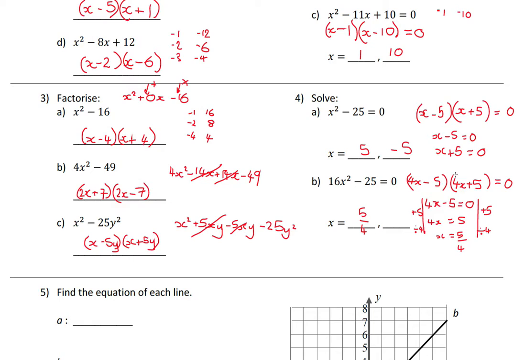Okay. Now the other one, if we did that one, is going to be negative 5 over 4. Just to show you.